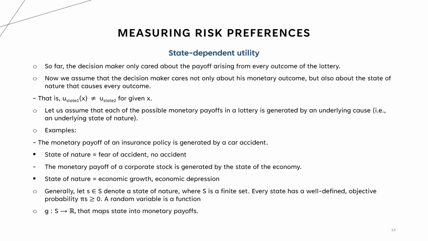This slide introduces the idea that utility may change depending on the state of the world, and this is what we call state-dependent utility. In this case, different outcomes in a lottery can arise from different states of nature, like accidents or changes in the economy.